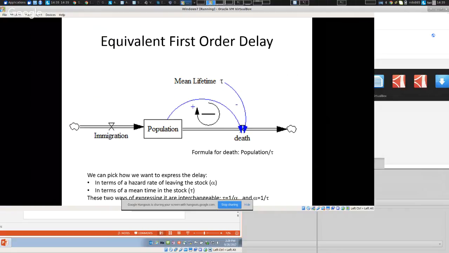Suppose we have a stock. For fairness, I'll do it over on this board. Suppose we have a stock population, we'll call it X more generically, and we have a flow into or out of the stock. Suppose the stock is in terms of a certain number of units. Maybe it's liters, okay? This is a stock of the bathtub, and it has a certain number of liters of water in it.